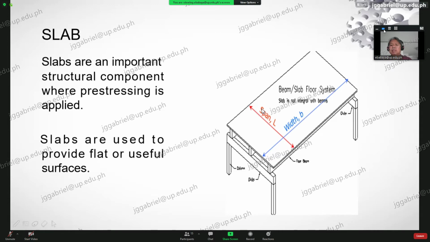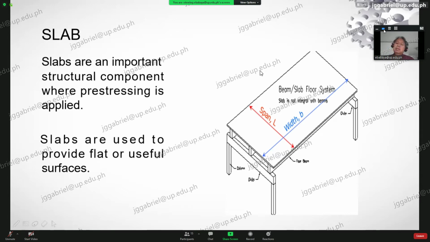So you have the slab here. It's resting on the beams, and then these beams are resting on another beam where these beams are connected to the columns.